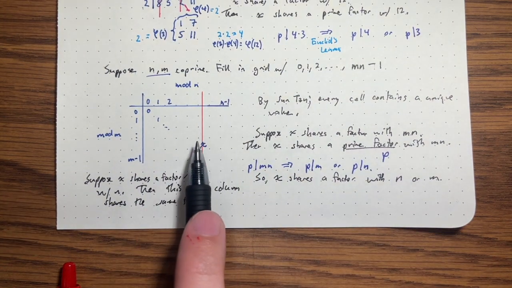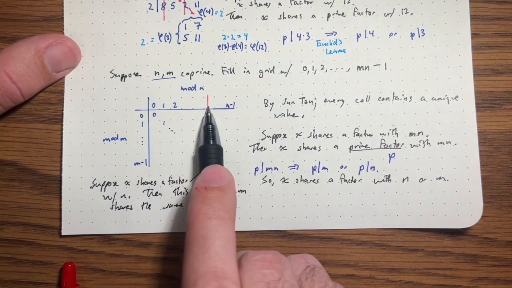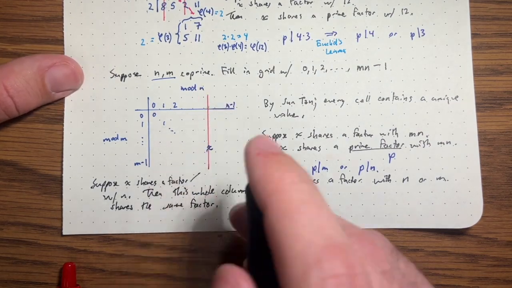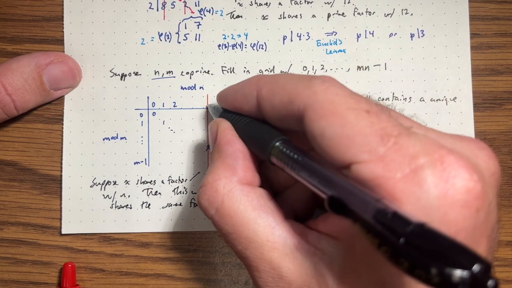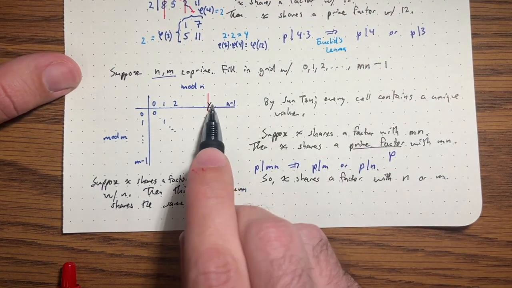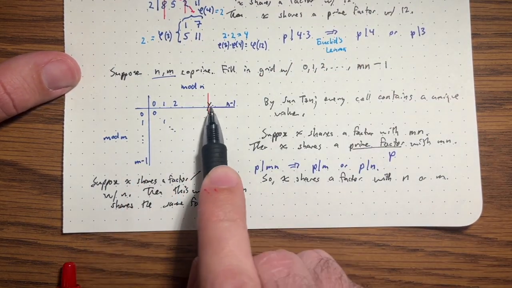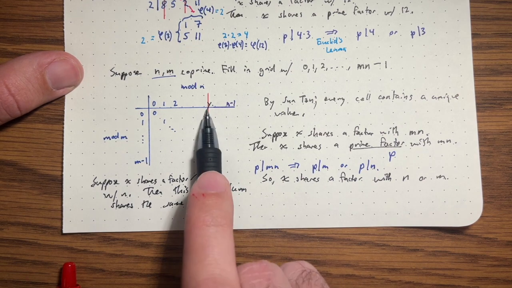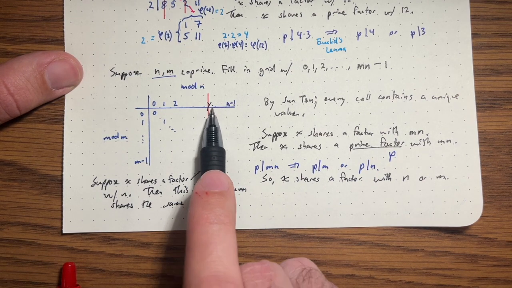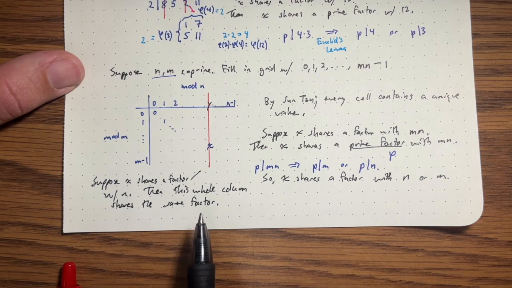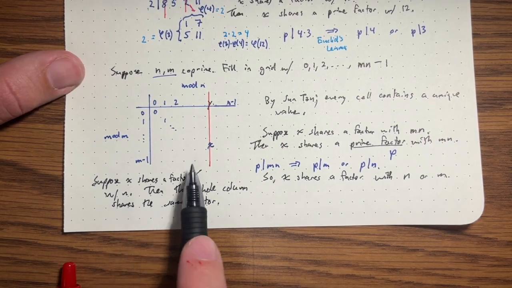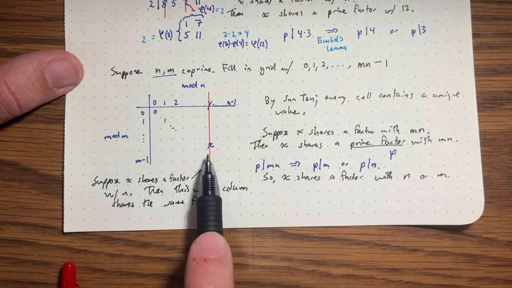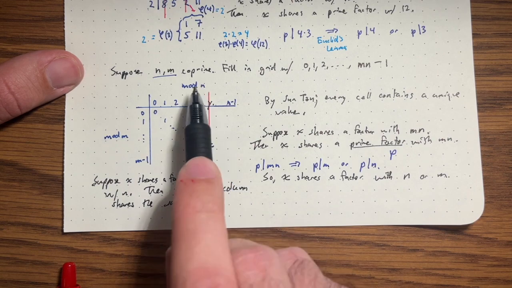Well, that just comes from modular arithmetic. If I'm congruent to whatever number is there, let's call it y, mod n, then every entry in this entire column is just going to differ by a multiple of n. So anything there is going to share the same factor that x and n share.